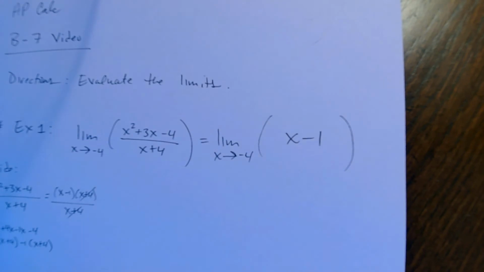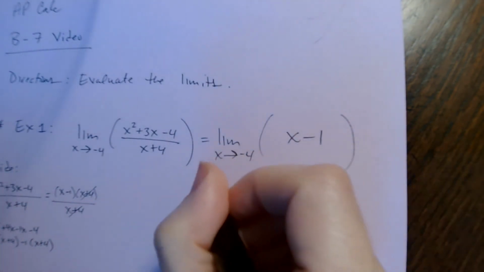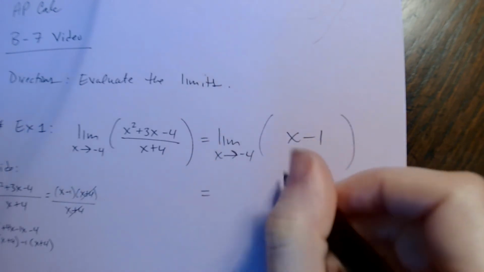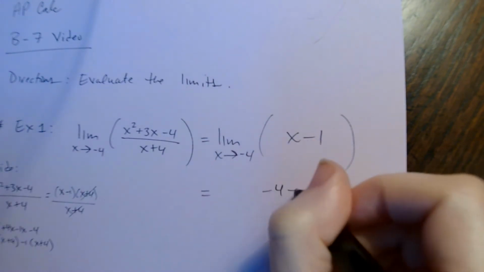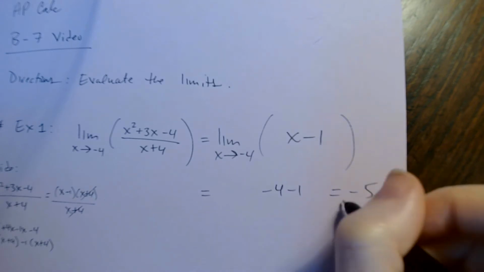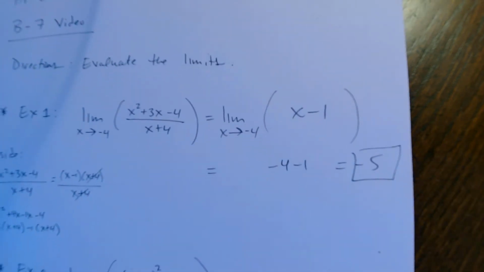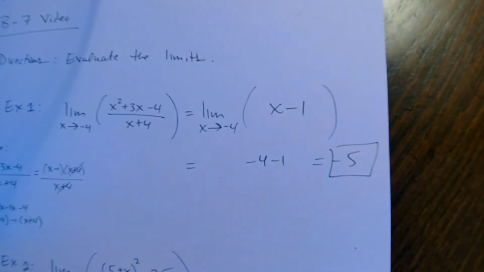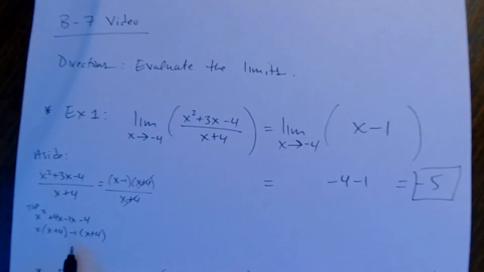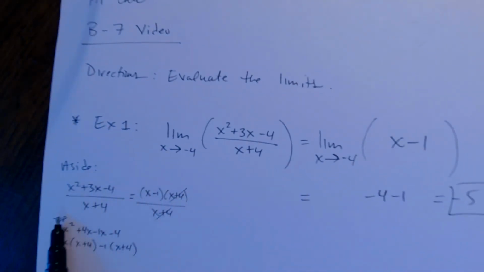Okay, and then you try to direct substitute again. So now can we direct substitute? Yes. So this is -4 minus 1. That's -5.